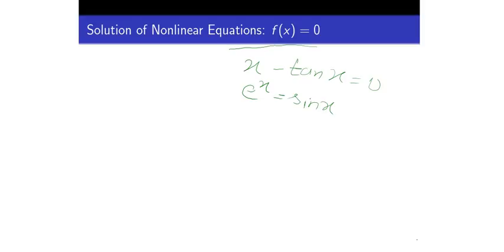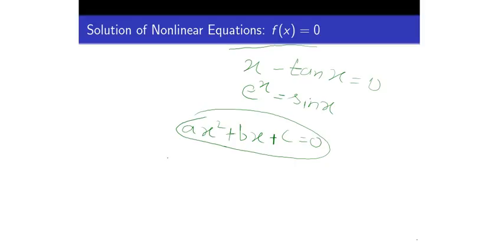However, there are equations, like the quadratic equation ax square plus bx plus c equals 0, that can be solved by a direct method. You require a very small number of steps to solve this quadratic equation.